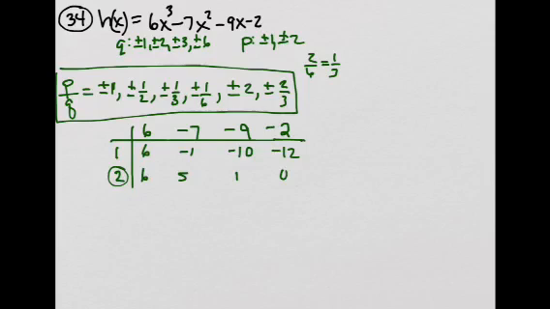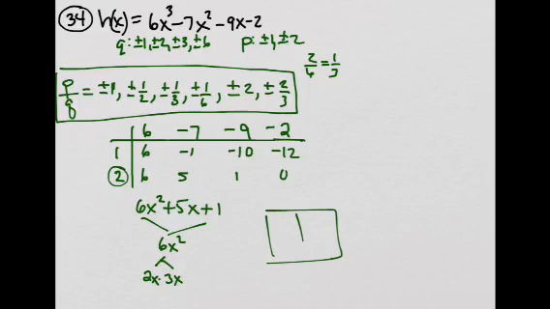So now I have this quadratic, 6x squared plus 5x plus 1, and then factors of 6x squared that add up to 5, that's 2x times 3x. So I'm going to factor with the box method: 6x squared, 2x, 3x, 1.